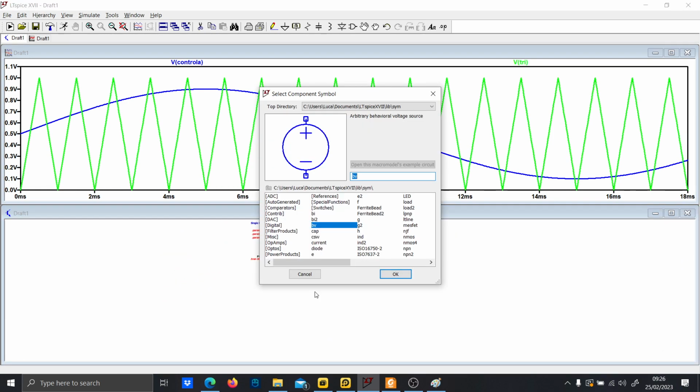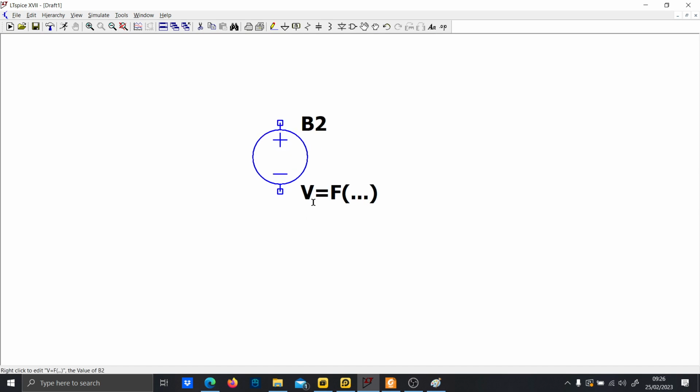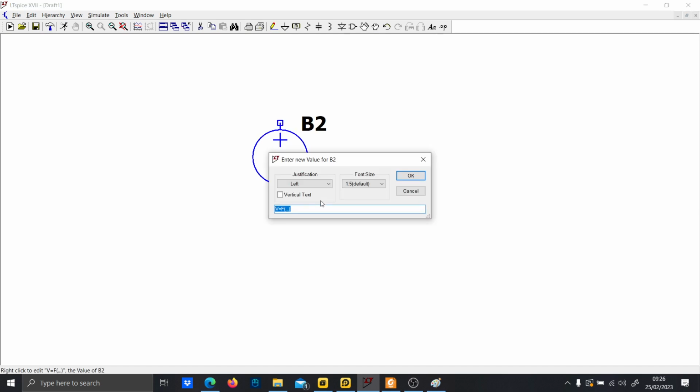So let's put the behavioral voltage BV, and we will say that basically if the control voltage of A is greater or equal than the triangular waveform, this will go to 1, otherwise it will go to 0.